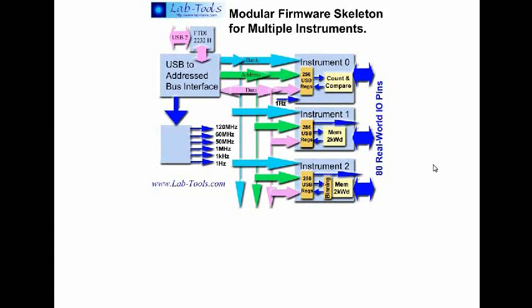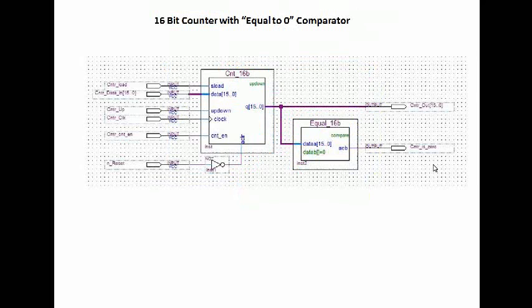For this purpose, we use instruments 1 and 2 unchanged and add in instrument 0 a 16-bit counter and 16-bit comparator. Here we can see such circuitry as written in the Altera Quartus 2 graphical software.